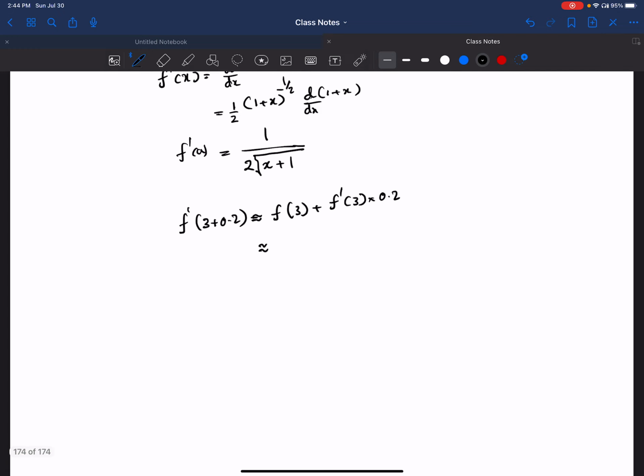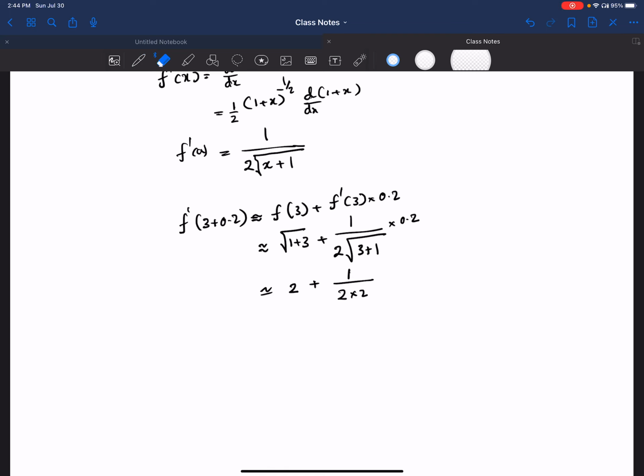So f of 3 is square root of 1 plus 3, and f prime of 3 is 1 over 2 square root of 3 plus 1, times 0.2. So this is square root of 4, which is 2, plus 1 over 2 times square root of 4, which is another 2, times 0.2.